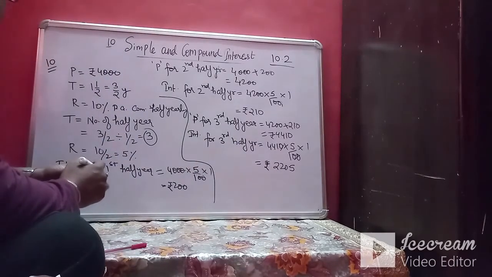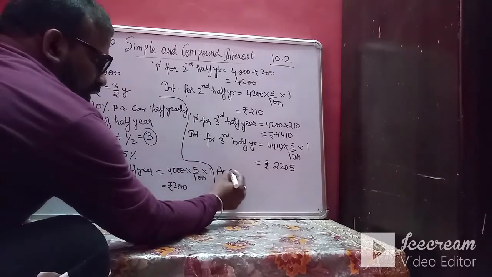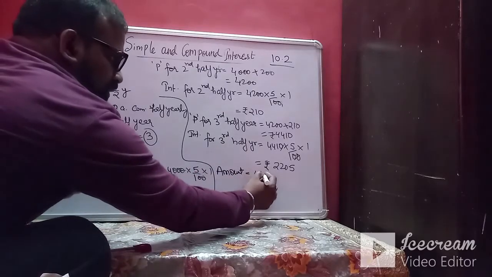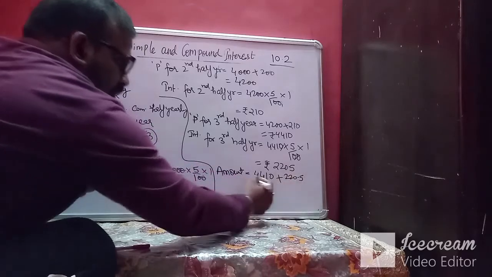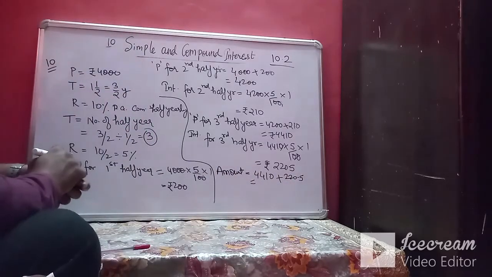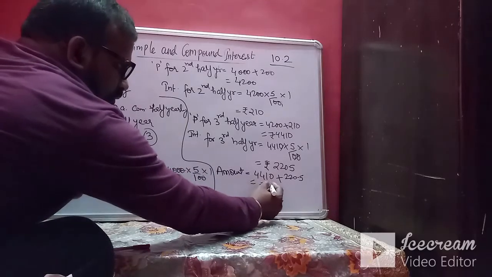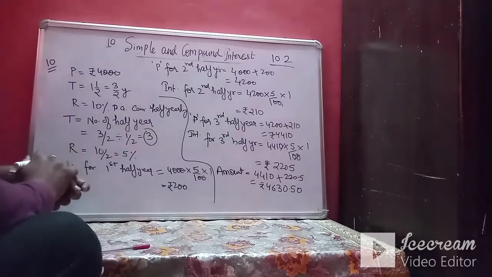Now what we have to calculate in this? We have to calculate the amount. So what is our amount then? Amount will be 4,410 rupees plus 220 rupees. So it will be rupees 4,630.50 paise.